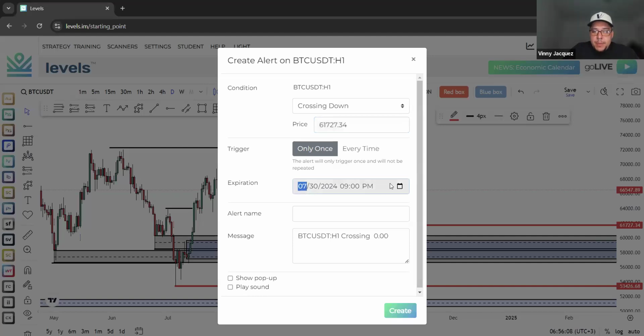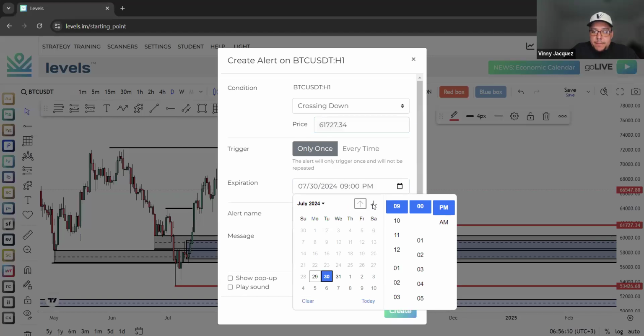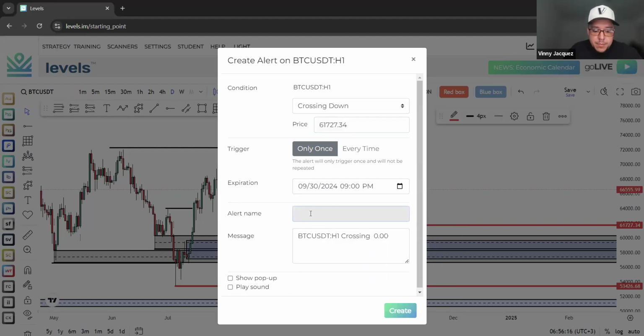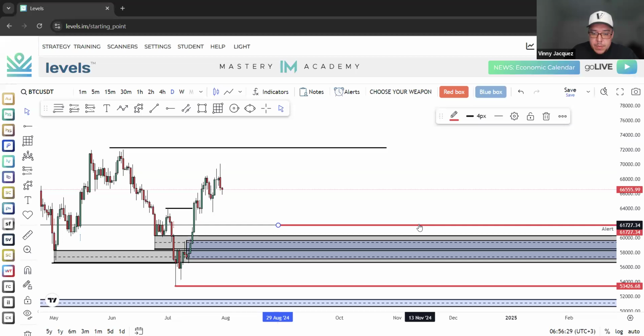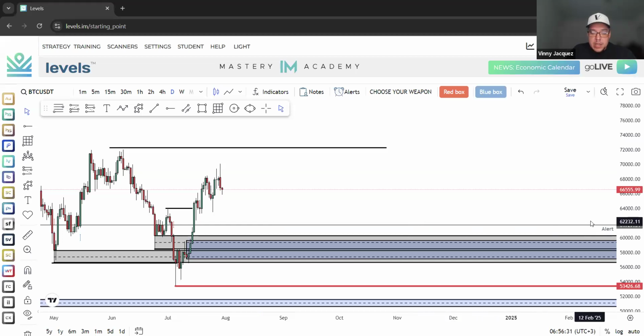My expiration, I would like to be somewhere way down here. Alert name, buy opportunities. I want to show pop up and play sound. As soon as I press create, there will be an alert right here. Boom, that's my alert on levels.